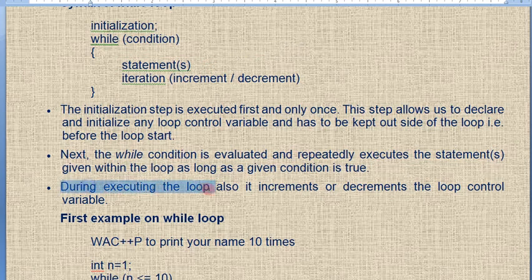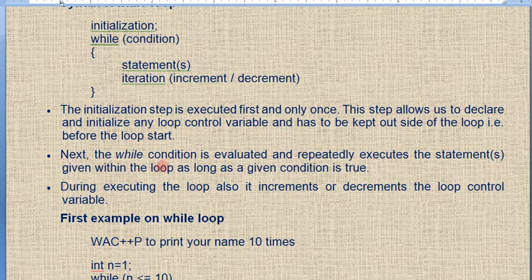Next, while executing the loop, it also increments or decrements the loop control variable. That is plus plus or minus minus, we are bound to do during the running of this loop. If you don't do it, it will become an indefinite loop. If you specify plus plus or minus minus, it will have an end. It means it will be a definite loop.